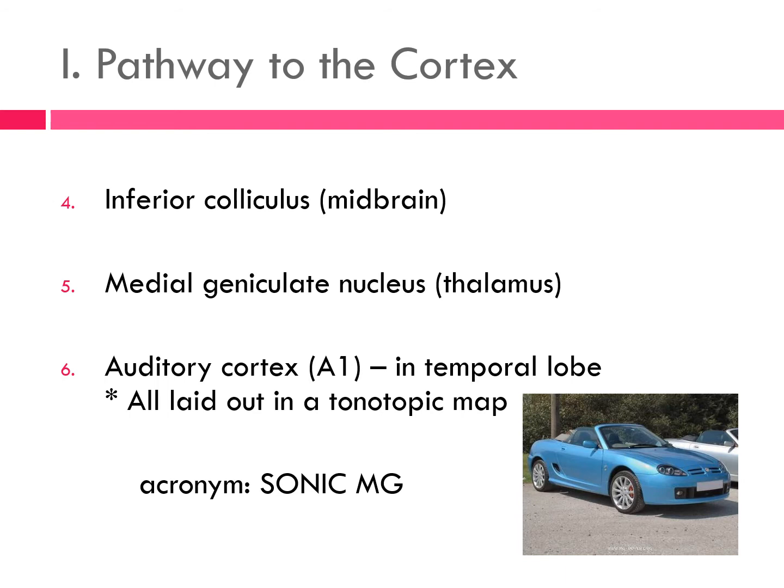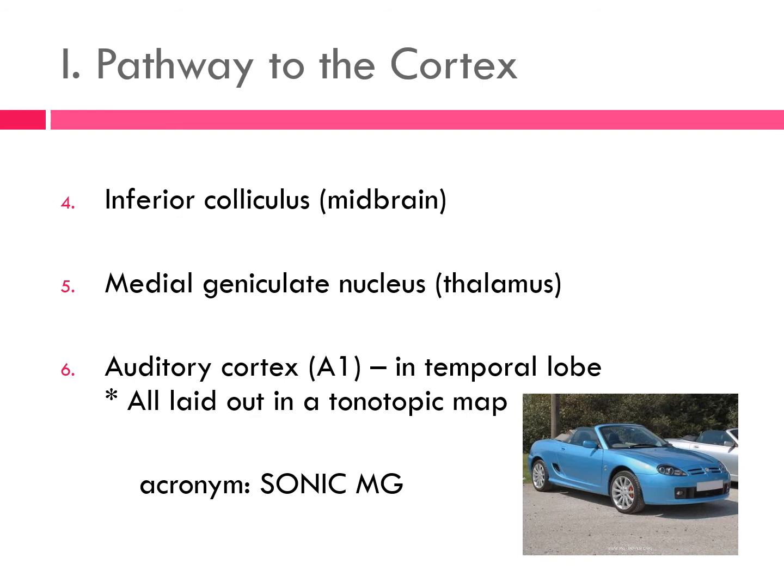If all of this seems like a lot, it kind of is. Not only is the ear really complicated in its own special ways, but then we have this long pathway to finally get to the auditory cortex. You can remember the acronym SONIC MG. I'm not really an acronym person myself, but this is a really helpful acronym for those middle ones. Remember the cochlear nucleus, which is in from the cochlea.